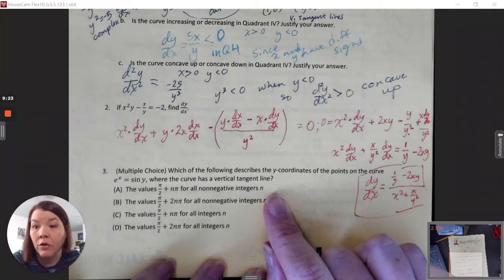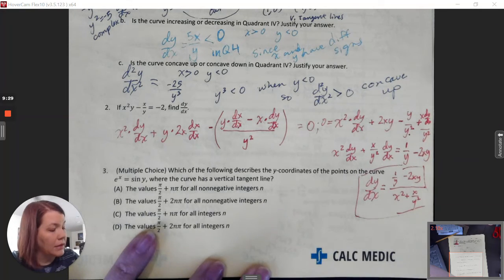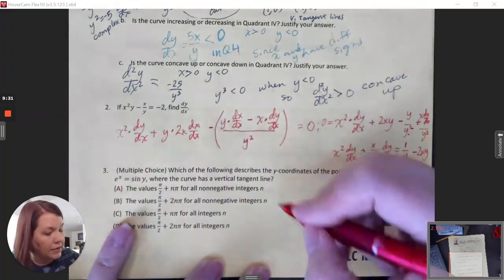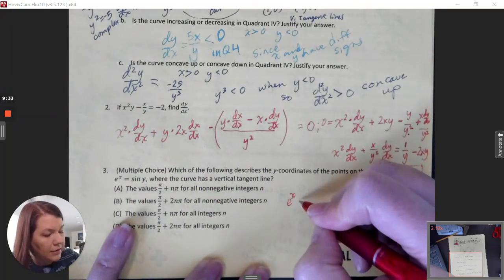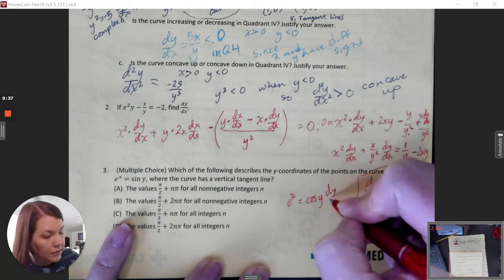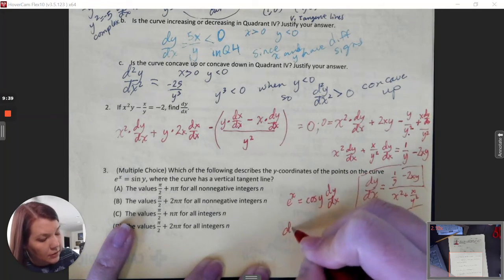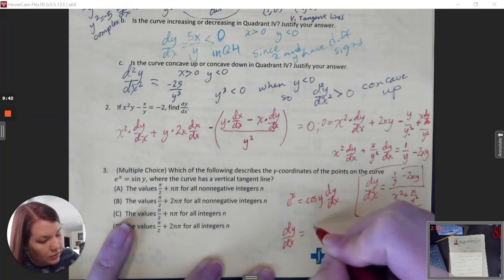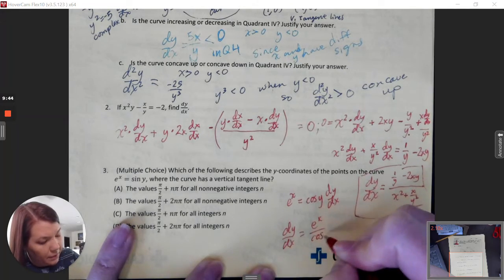Let's take the derivative really fast. E to the x is e to the x. The derivative of sine is cosine of y dy dx, which means that dy dx is equal to e to the x divided by cosine y.